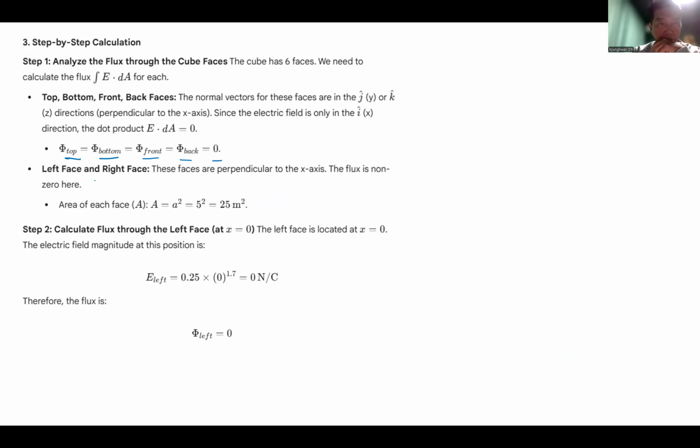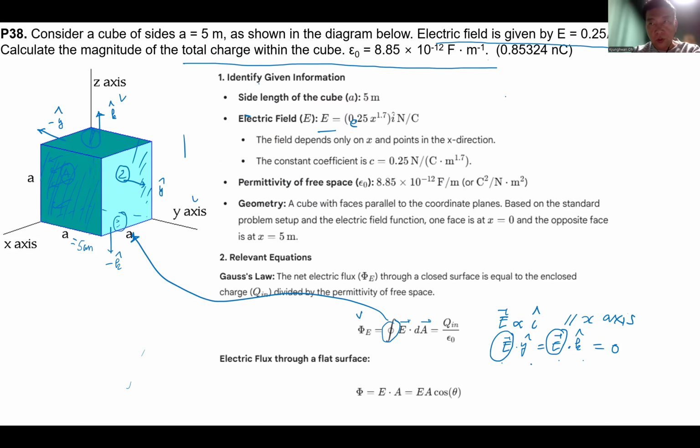And the left face and right face have the same area. And the E on the left is given by this one. Okay. But the thing is that you need to understand that it depends on x here.